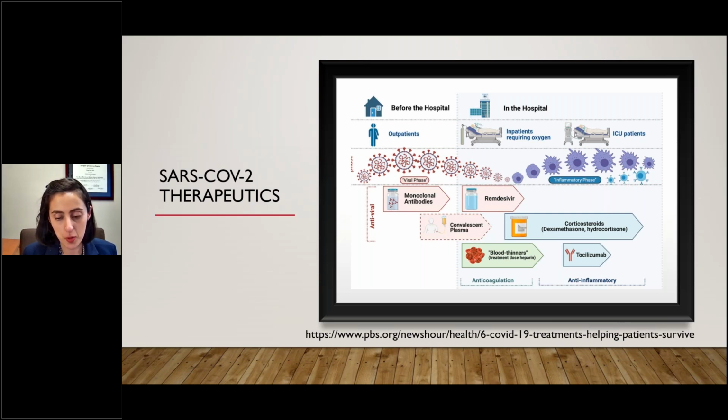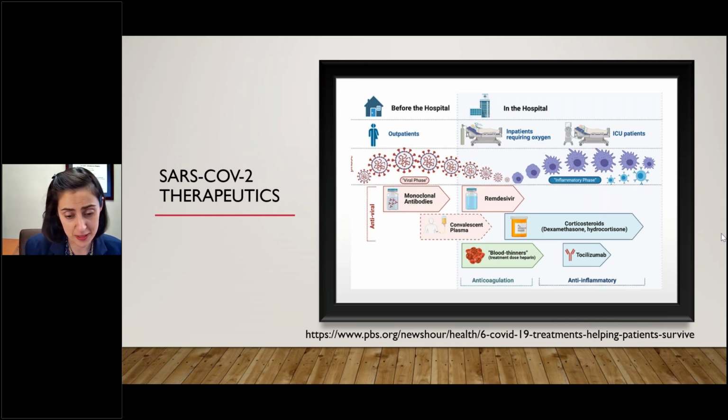This is a program that lots of hospitals basically stood up very quickly with emergency use authorized monoclonal antibodies made by either Regeneron or Eli Lilly to treat the community, to treat outpatients who are early in their disease course, where the viral levels are really spiking very high on the order of millions of copies. And the science shows that the earlier you can treat these types of patients with neutralizing antibodies to block the binding of the virus, the better they're going to do.